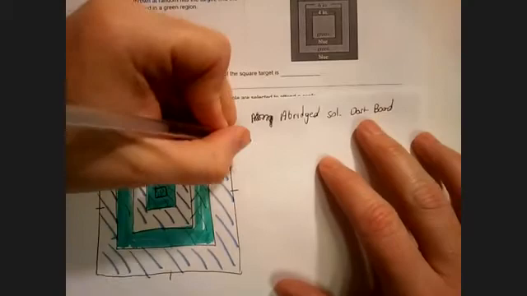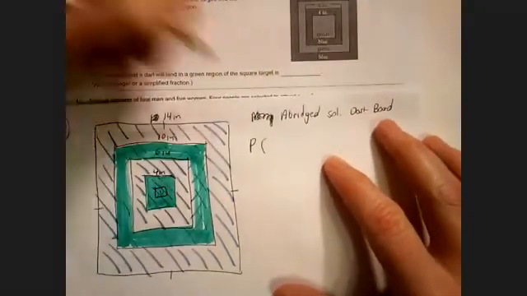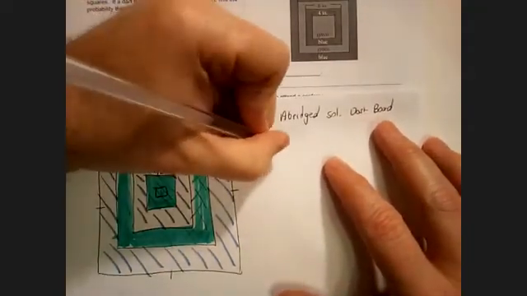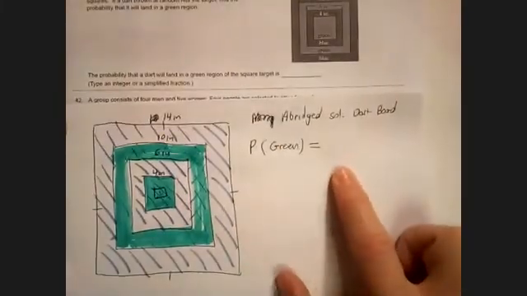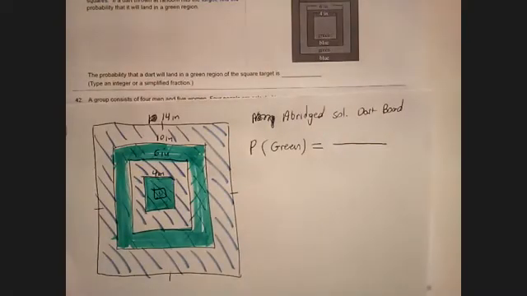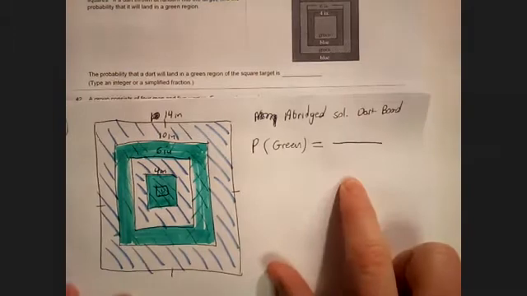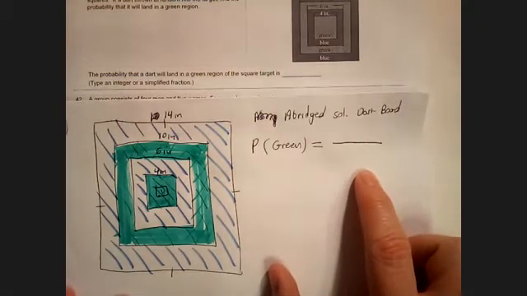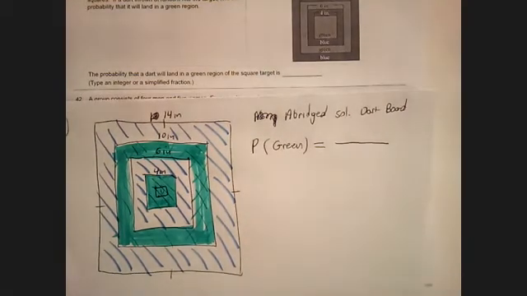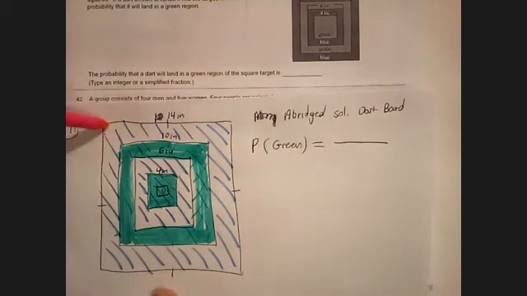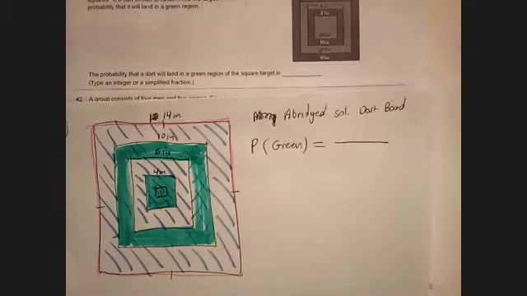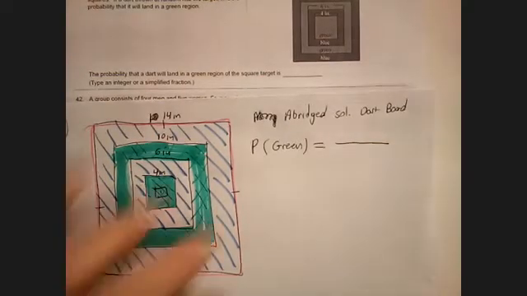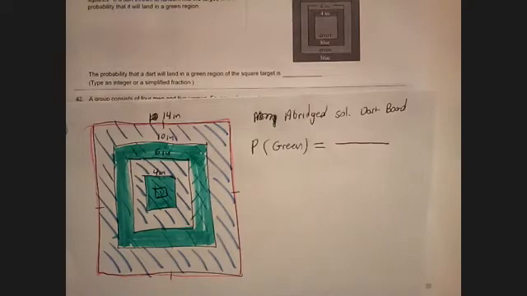The probability, in this case, of getting green. Okay, so I'm going to fill in some stuff here, but I'm going to do some work somewhere else. We first need to know what number goes on the bottom. The number that goes on the bottom is the area that incorporates the entire dartboard. So all of this is the area.